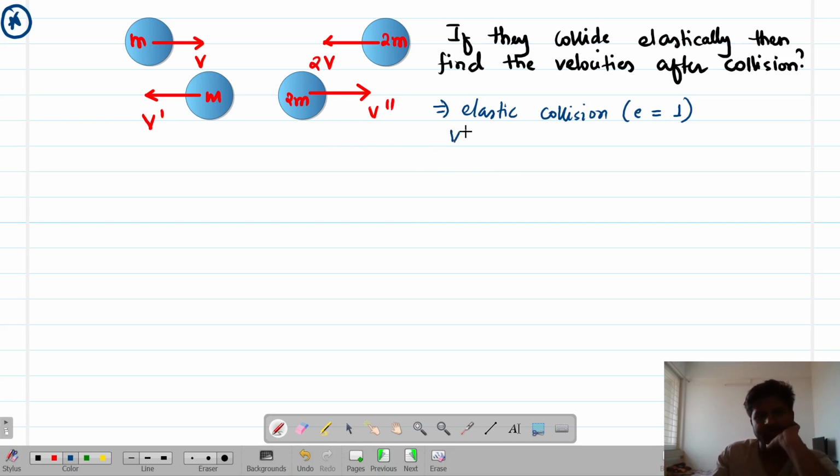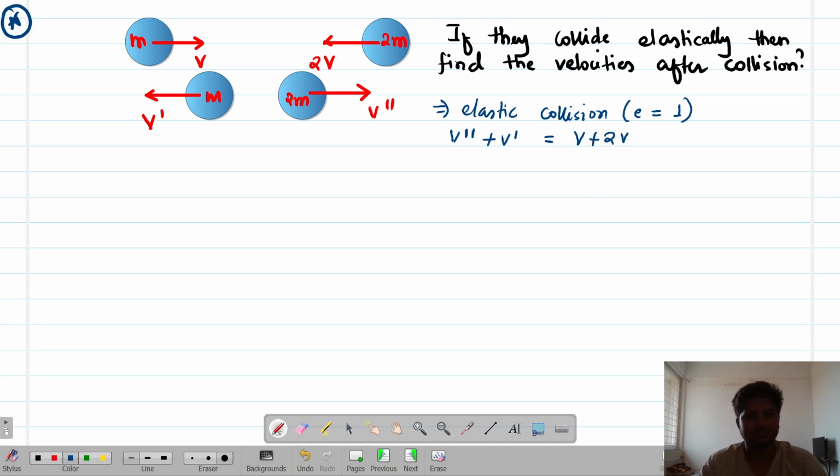So what will it be? v double dash minus of minus v dash, so it will become plus v dash, is exactly equal to the velocity of approach, that is v minus of minus 2v, which is plus 2v. Are you able to get me or not?